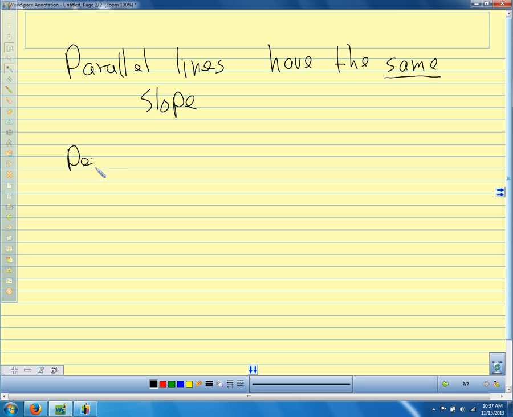Perpendicular lines. And by perpendicular, what do we mean? They cross at a specific angle. Perpendicular means 90 degrees, so perpendicular means they cross at 90 degrees. For perpendicular lines, do we remember how their slopes are related?